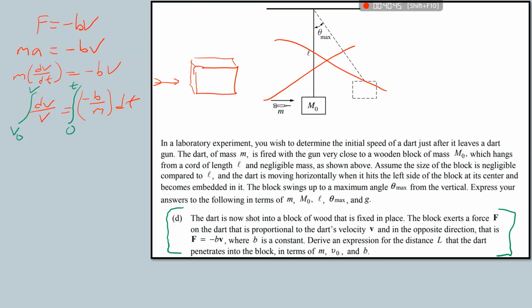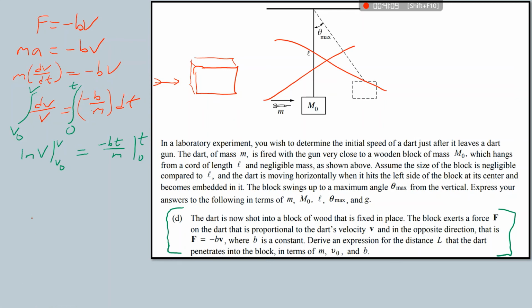Okay, so when I integrate, I would get natural log v from initial to final is equal to negative bt over m from 0 to t. Okay, plug in for upper bound minus lower bound.